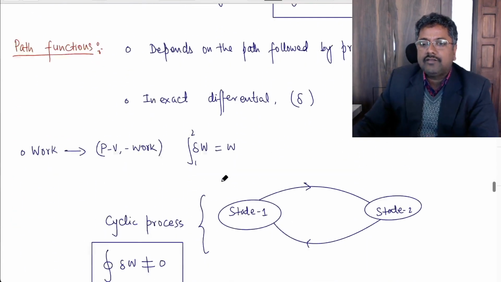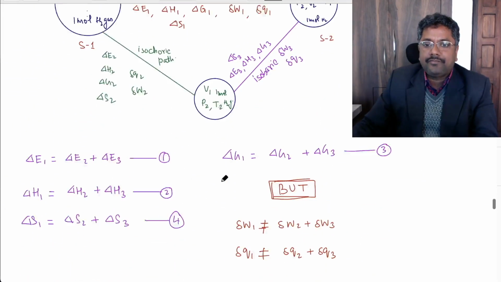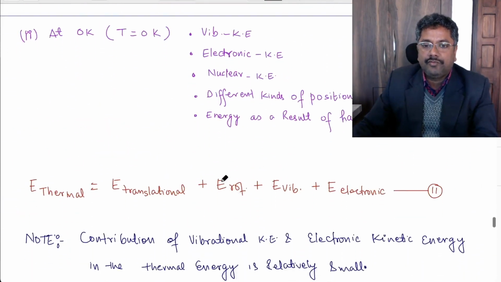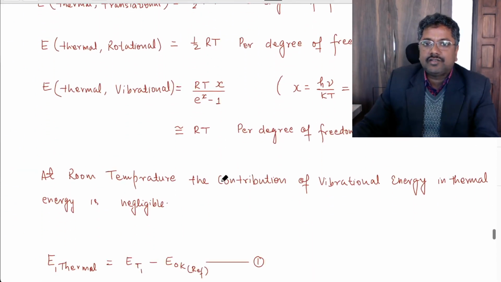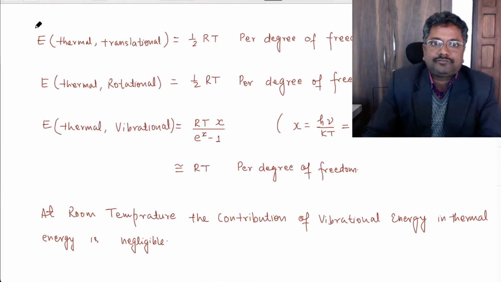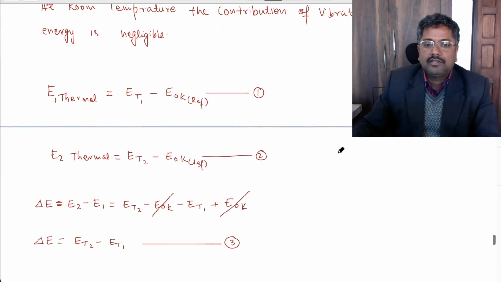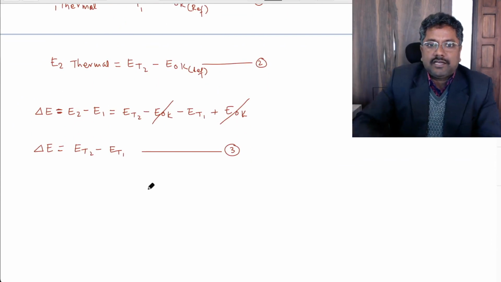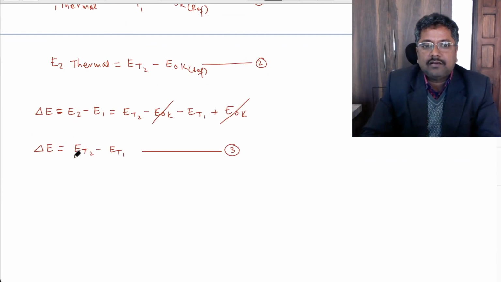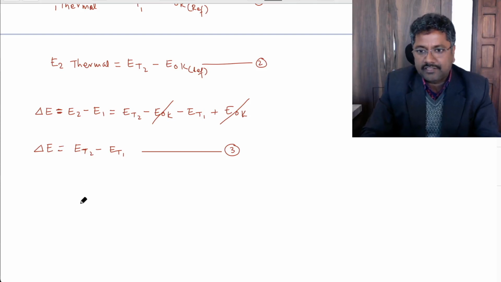So we always prefer to evaluate difference, not the absolute value, right? This is the reason. So now my calculation will proceed how to calculate this degree of freedom and total energy of different kinds of gas molecules, right? So this is the explanation why we are preferring to evaluate difference of energy, not the absolute value.